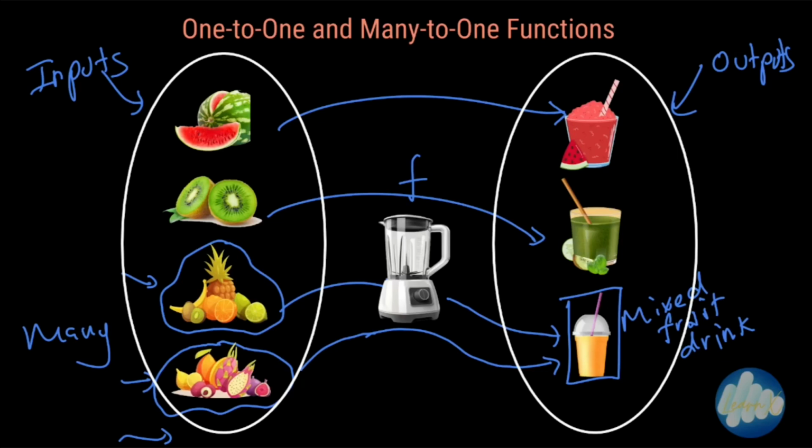There are even more permutations, like a one-to-many relationship, but that's not classified as a function. If you see something like that, where one input maps onto two outputs, which in the context of a blender does not make sense at all, that sort of thing does not classify as a function.